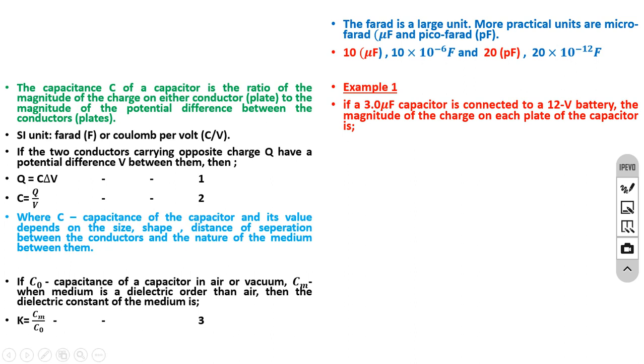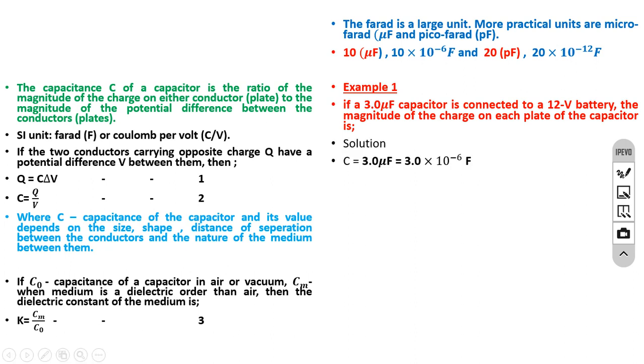You, as a physicist, the first thing you have to do is highlight or put down the given quantities. When you do that, you now begin to think, which mathematical expression should I use? So that's the first thing we should do. Solution: we are given the value for the capacitance, which is 3 microfarad, and the potential difference, 12 volts.